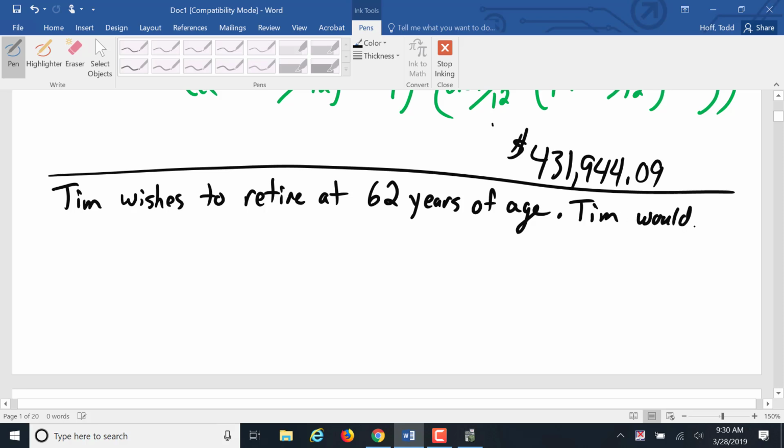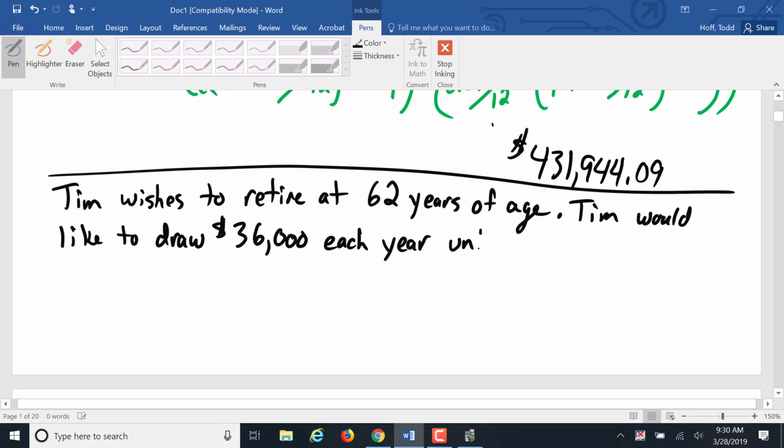Tim would like to draw $36,000 each year until age 89.